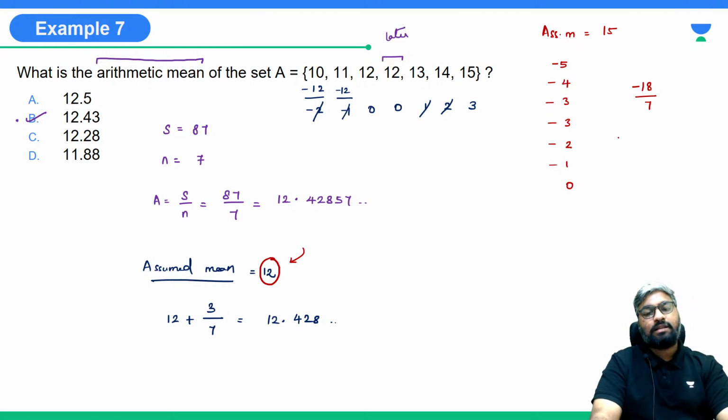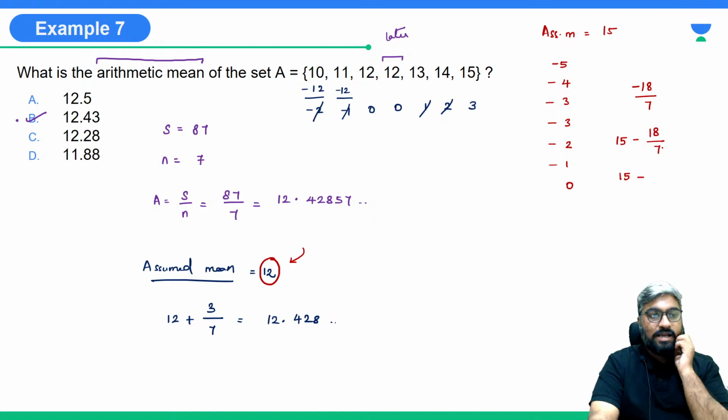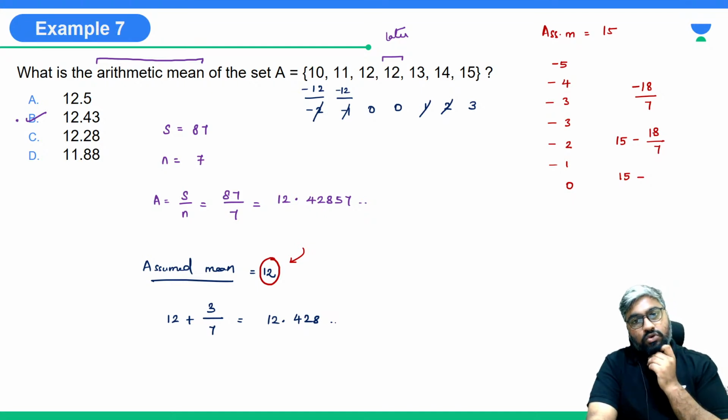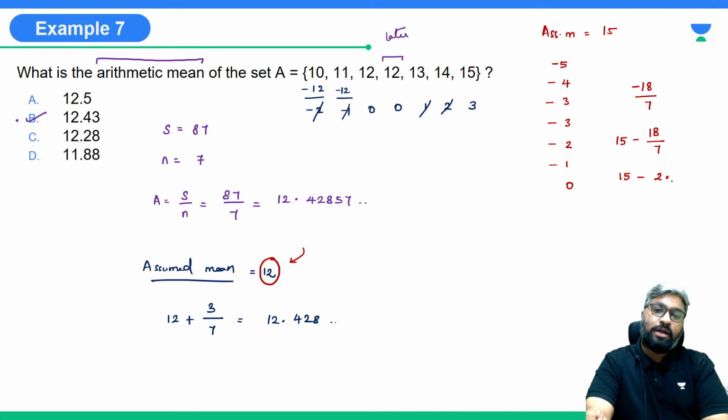Understood? तो क्या करना पड़ता अभी, 15 minus 18 by 7 करना पड़ता, which is 15 minus what is 18 by 7? 18 by 7 क्या हो जाता, 2 point बाकी 4 by 7 which is 2.571 something, है ना?